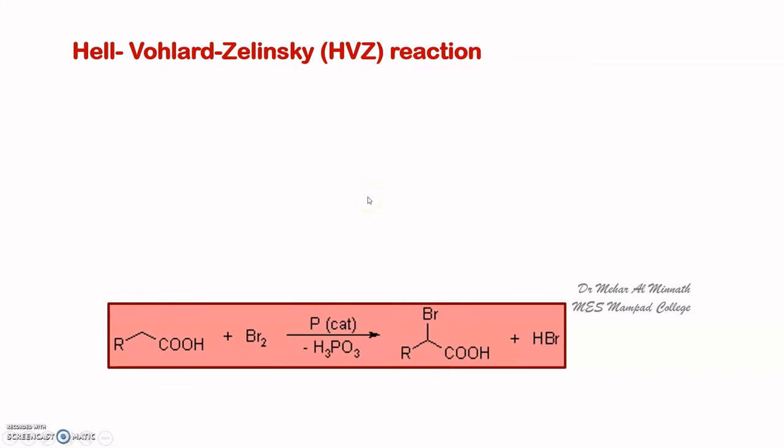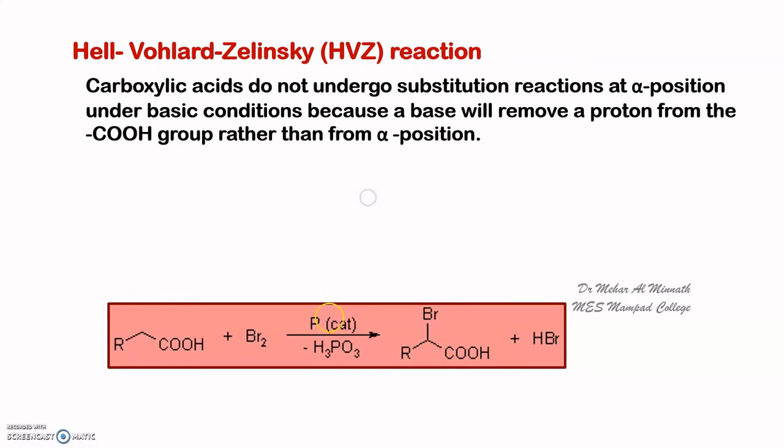Another one is the Hell-Volhard-Zelinsky reaction, the famous HVZ reaction, wherein alpha bromination of carboxylic acid is possible. That happens in the presence of phosphorus as catalyst. And remember, usually we cannot substitute the alpha position of the carboxylic group under basic condition, because instead of the alpha hydrogen, the base will remove the acidic proton.